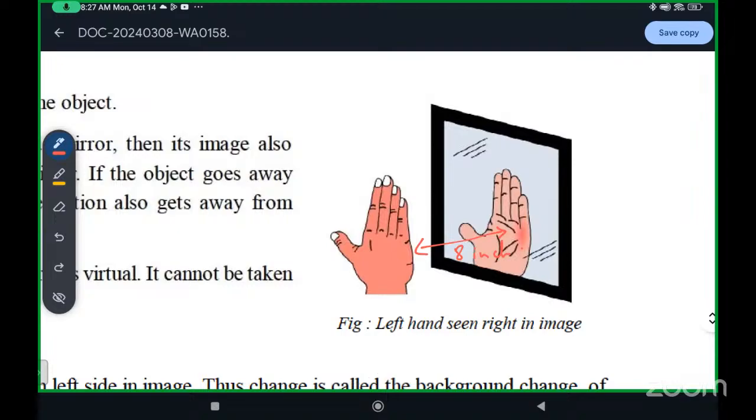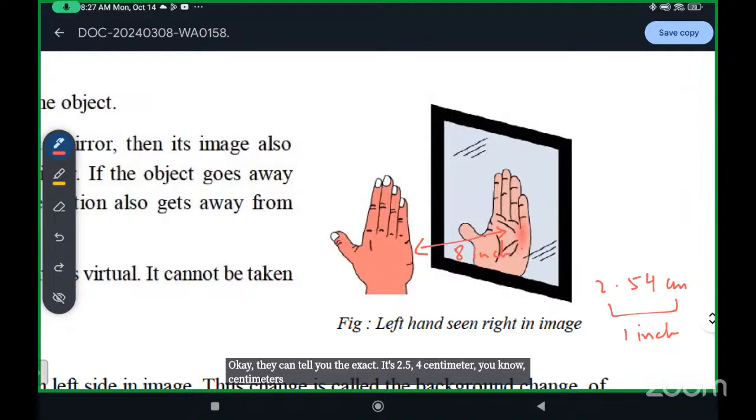Okay, let me just tell you the exact. 2.54 centimeters is 1 inch. You know centimeters, right?